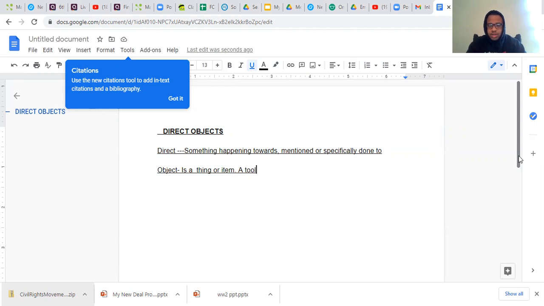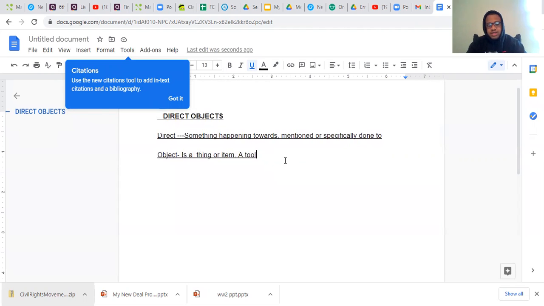Now, in a sentence, we're going to get down to some sentences. The direct object is after. Who remembers this? The direct object is after the verb.